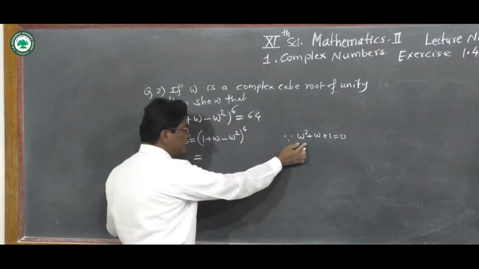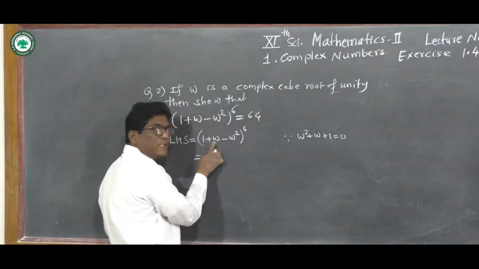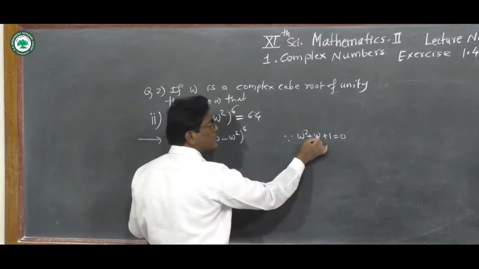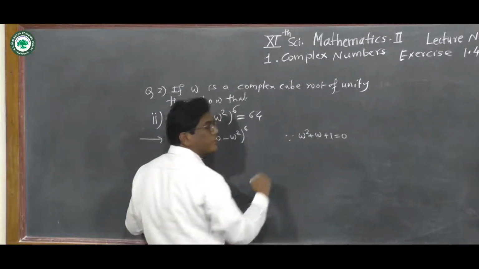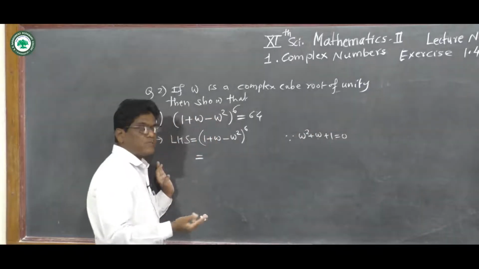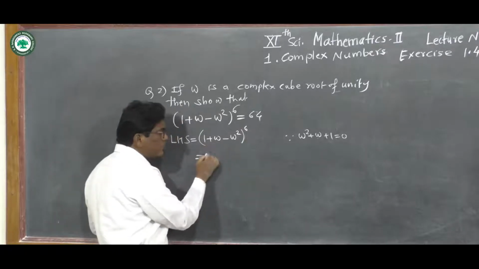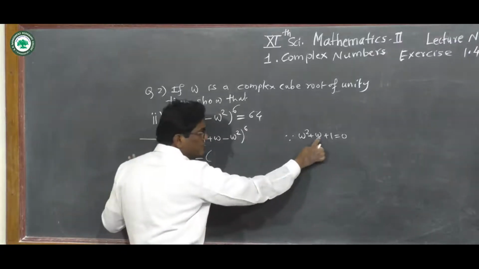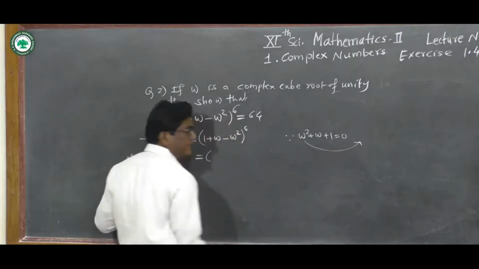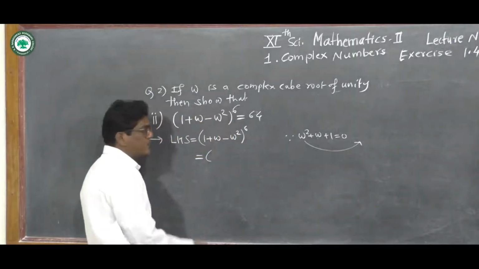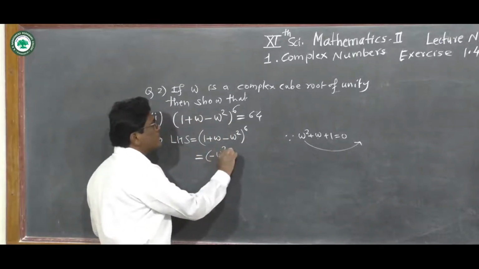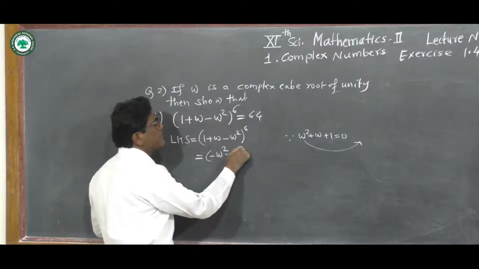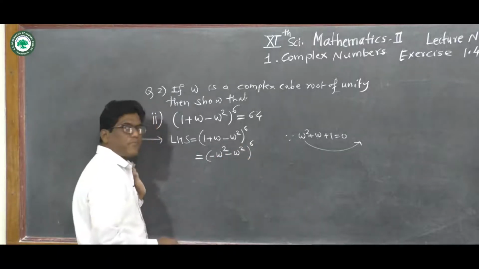And from this relation we find the value of 1 plus omega. Now here 1 plus omega, carry this omega square to the right hand side, it is minus omega square. So we put 1 plus omega as minus omega square, and this minus omega square to the power 6.